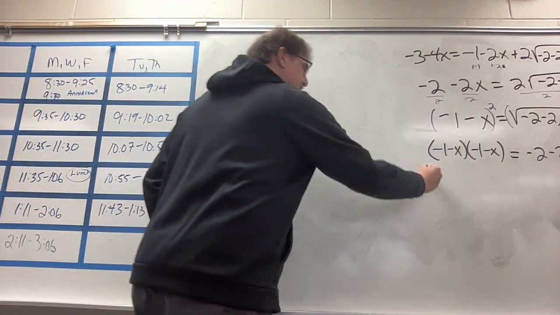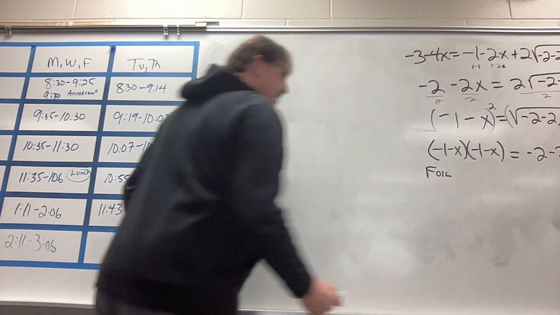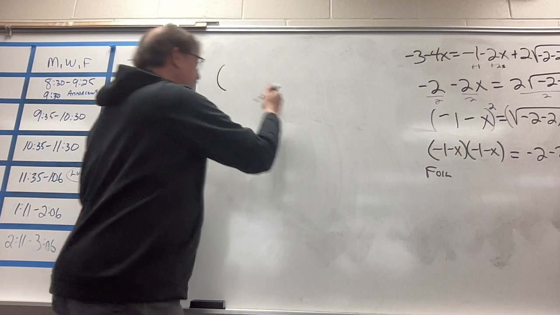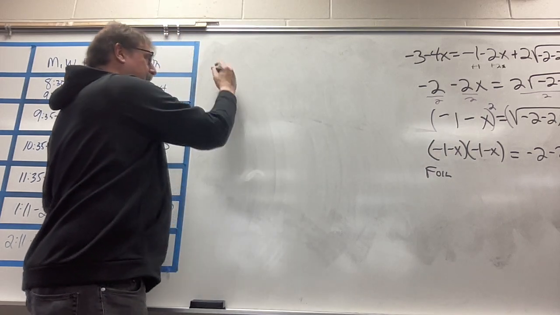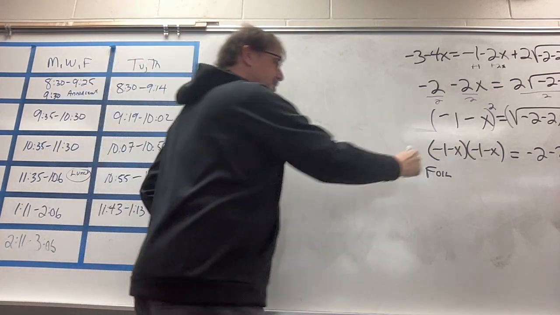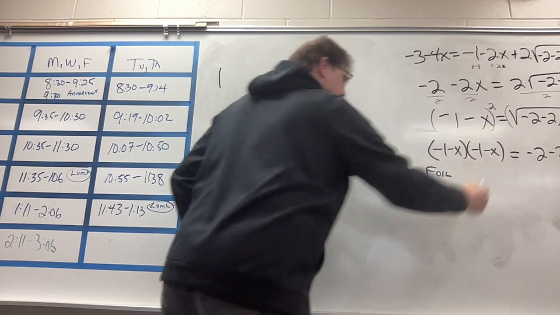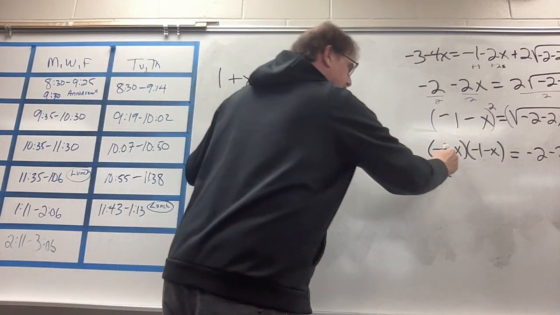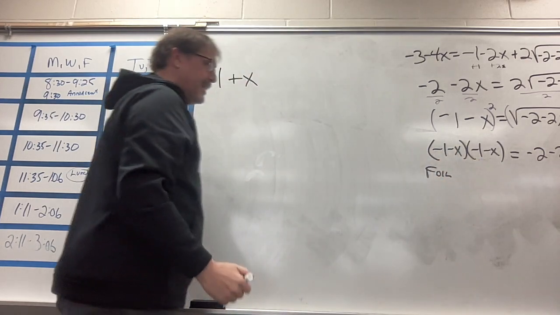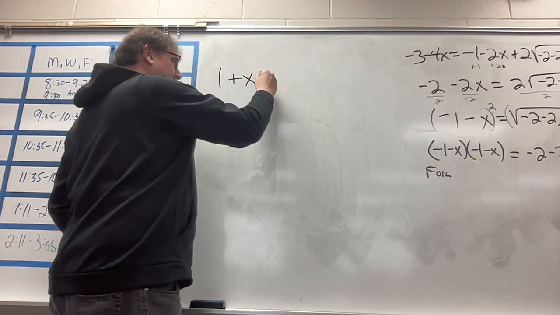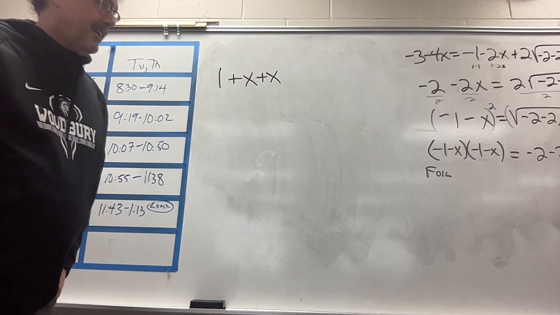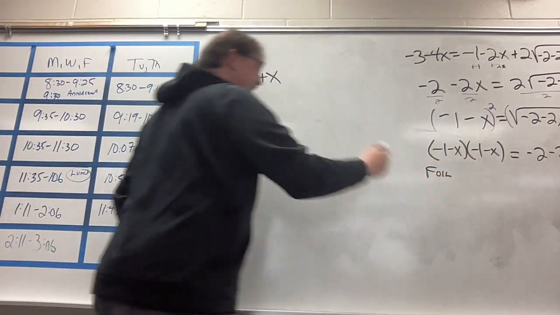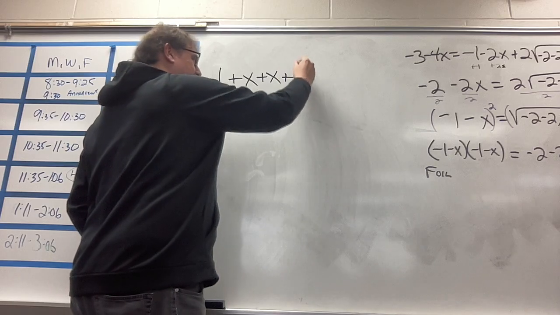So I'm foiling this right now. So first, -1 times -1 is 1. Outside, -1 times x is -x. Inside, -x times -1 is x. Last, -x times -x is +x squared.